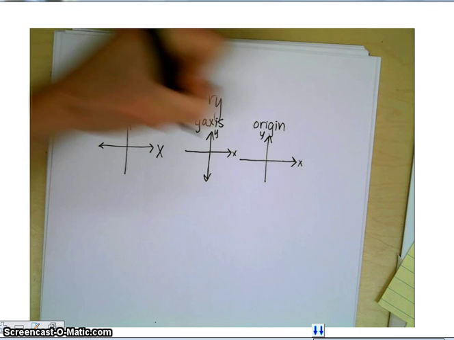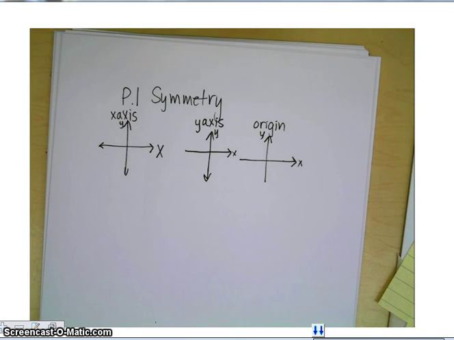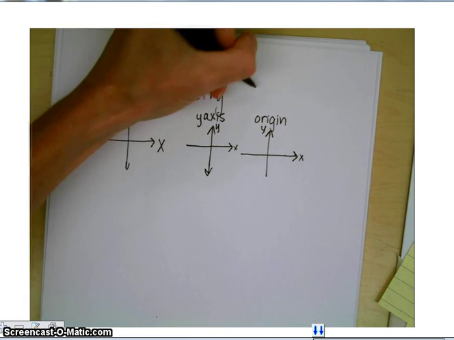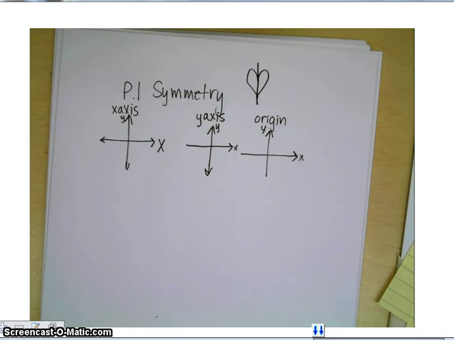All right, so I haven't put any pictures of what that looks like yet. So x-axis symmetry. Symmetry is like, well, a heart has symmetry. Doesn't a heart have symmetry? Right here, it has symmetry, the heart shape.